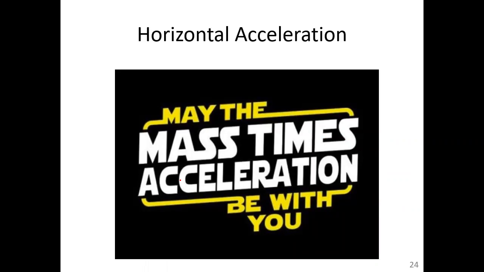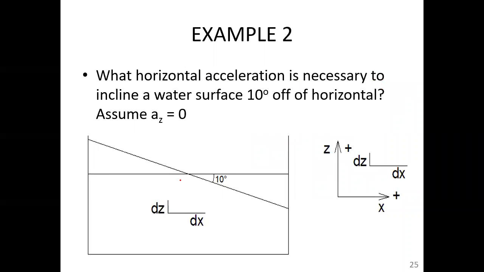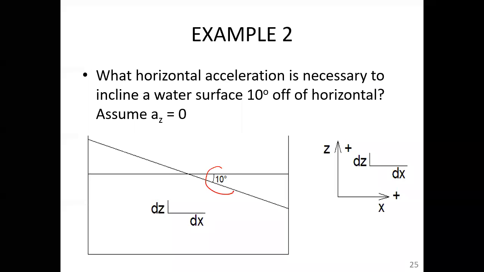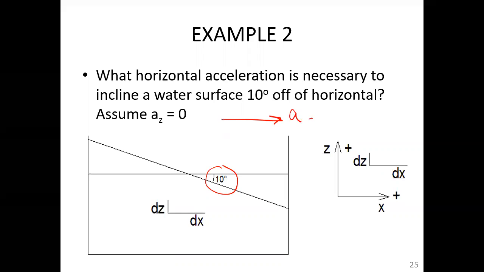Last time we did an example of just vertical acceleration. Next example, we're going to look at horizontal acceleration, then we'll look at both. So, for example, what horizontal acceleration is necessary to incline a water surface at 10 degrees off of the horizontal? In this case, we're trying to figure out what is the ax necessary to create this system.